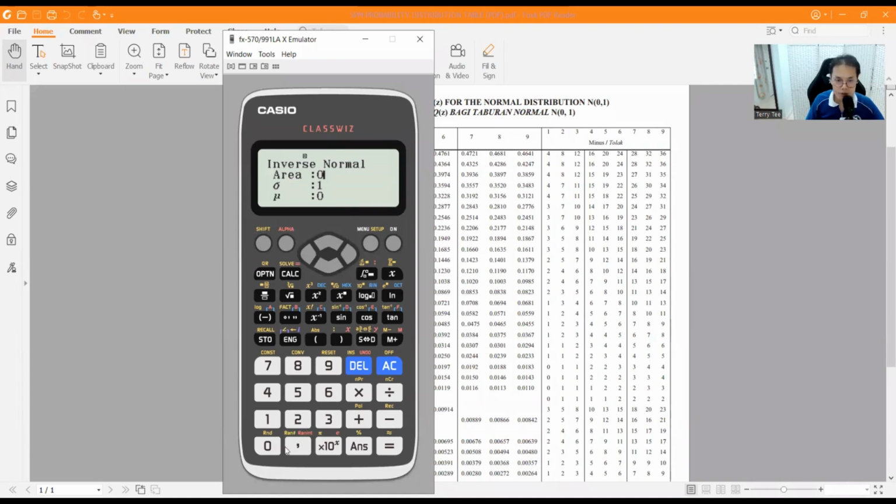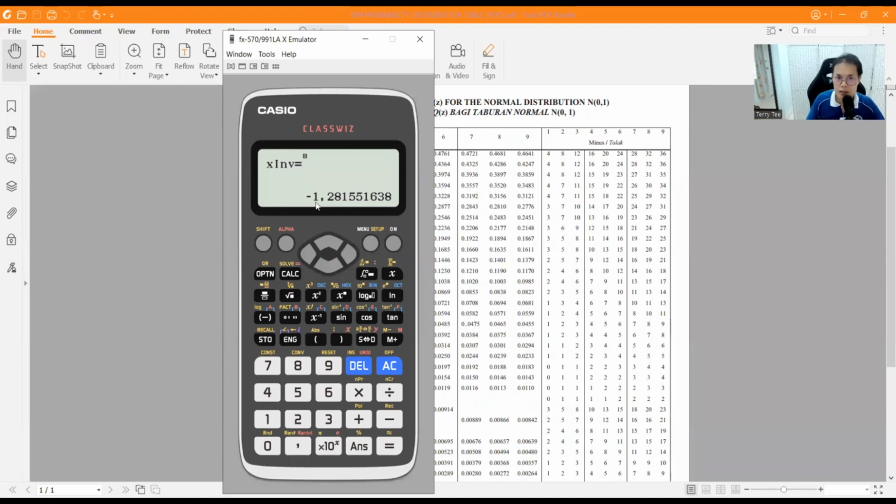Your area is 0.1, standard deviation is 1, mean is 0 because it's a standard normal distribution. What I got here is 1.282. It's actually closer to 1.282 than 1.281, but if you leave your answer as 1.281, it's still okay.